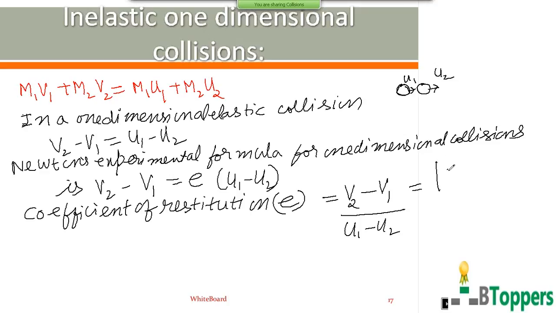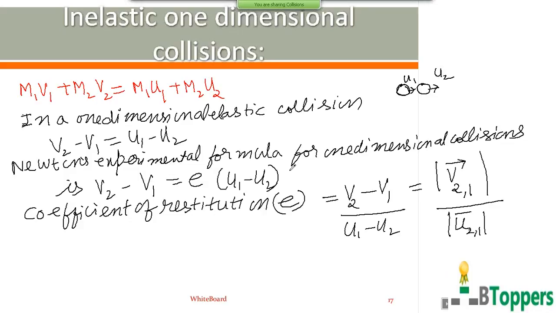The coefficient of restitution between the two colliding bodies is equal to the ratio of the magnitude of the relative velocity of the second body with respect to the first body after collision, and the magnitude of the relative velocity of the second body with respect to the first body just before collision. So E is a constant for a given pair of colliding bodies.